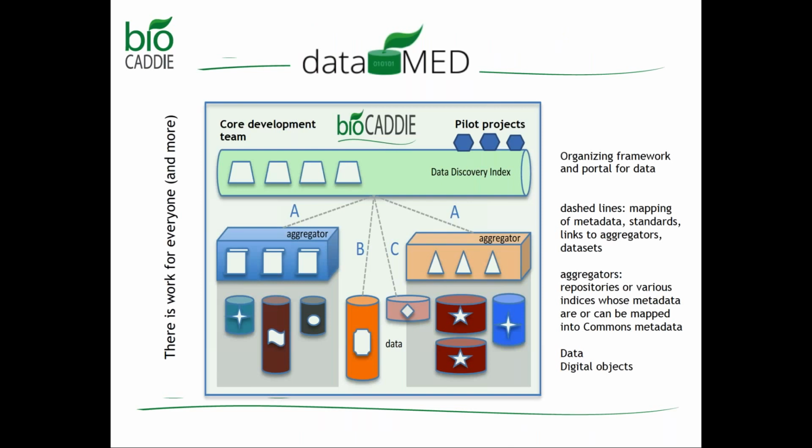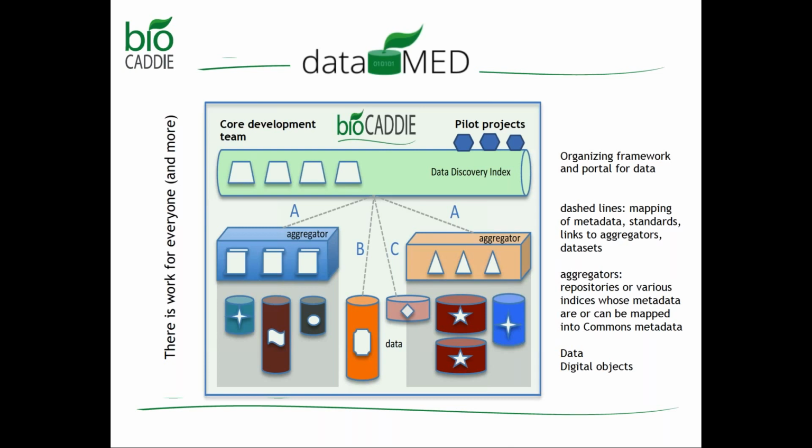So the way we view Biocaddy and its data discovery index prototype is that we will develop a search engine that people can access to show what is involved in getting digital objects indexed. This search engine, as with anything else, can be replaced by another search engine, another front end, and so on.